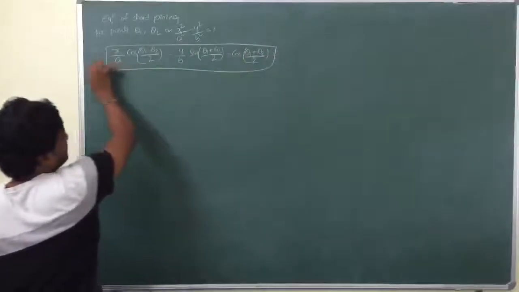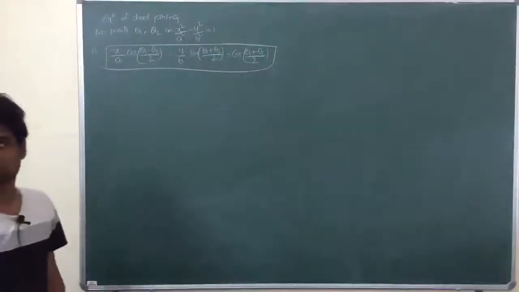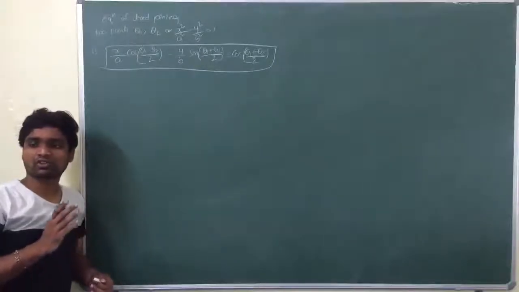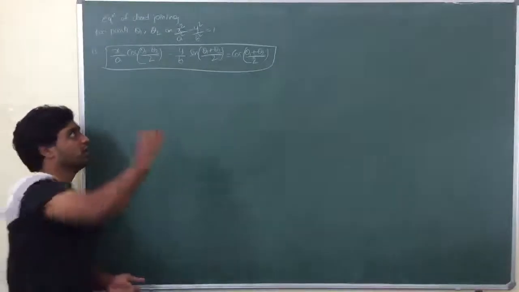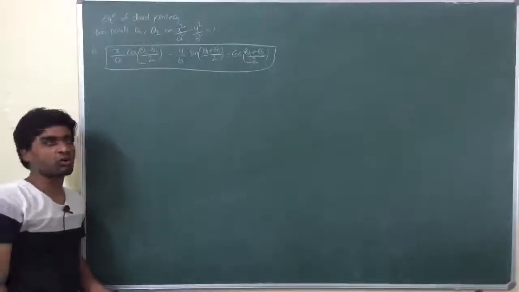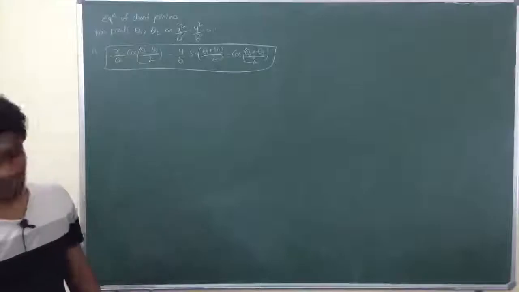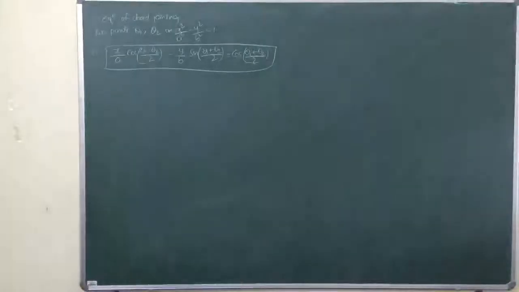Same formula. This is the equation of chord joining the points theta 1 and theta 2. So when will this be used? Whenever you come across something like a focal chord, write this equation and substitute the focus here, a comma 0 or minus a comma 0, whatever. From there you will get the answer.